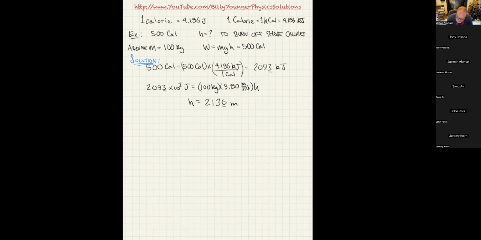So in fact, taking into account efficiency, h will become 0.20, because I'm saying this is approximately 20%, times 2,136 meters. 2,136 times 0.2 is 427.2 meters.